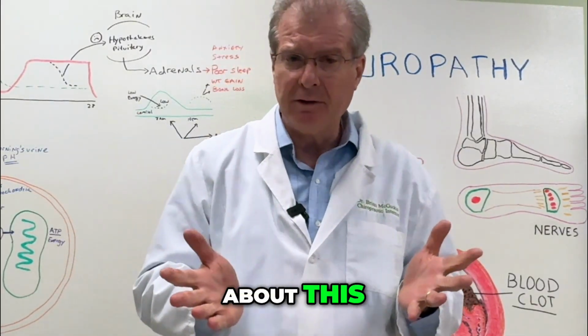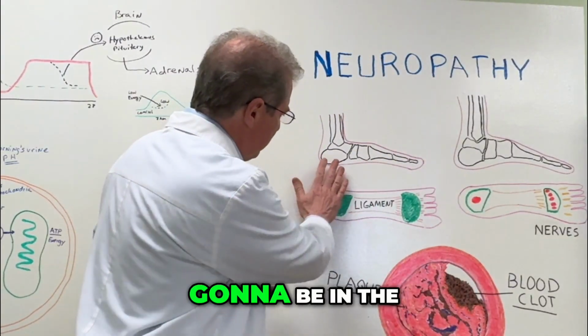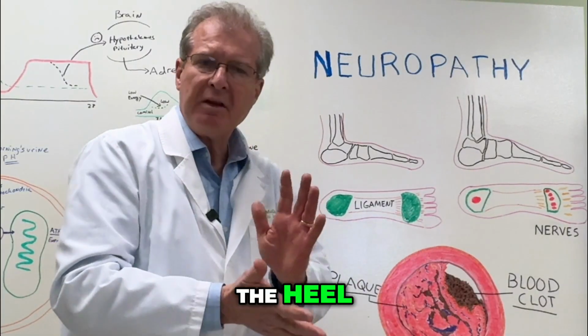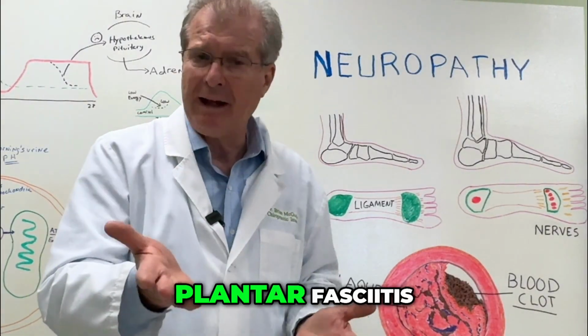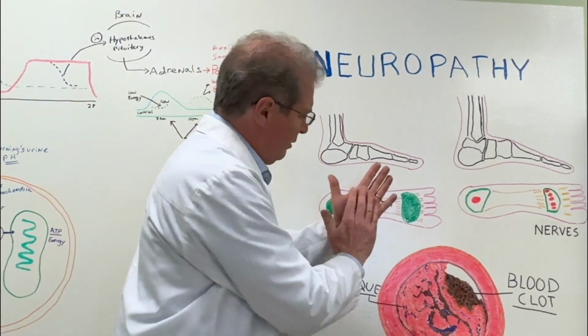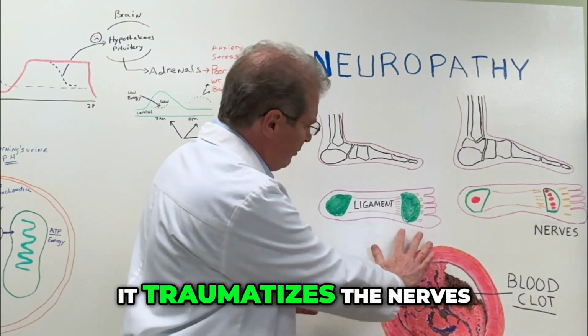What can we do about this? So the feet have pads, in the heel and in the ball of the foot. The heel, that would be heel spurs, plantar fasciitis, that impact. The ball of the foot, if that's the standing all day, it traumatizes the nerves.